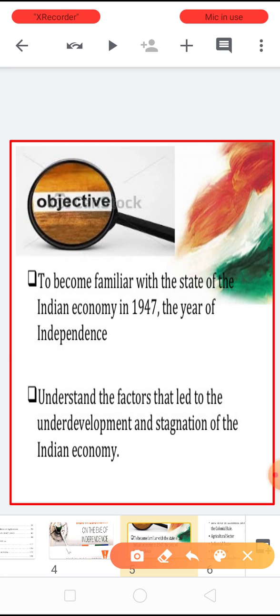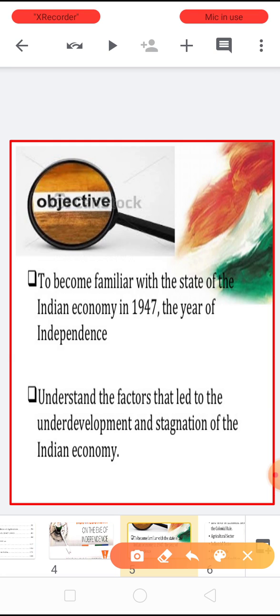So children, when we are going to understand this topic, the first utmost thing is to determine the features of the Indian economy, I mean, what were basically the features of the Indian economy at the time of British rule, prior to the country's independence.